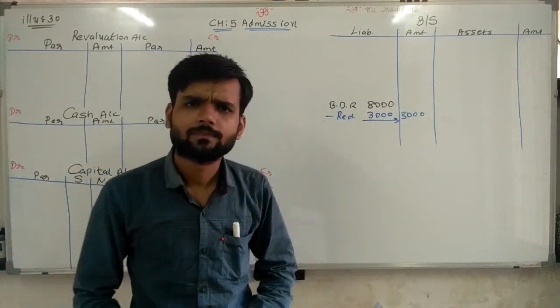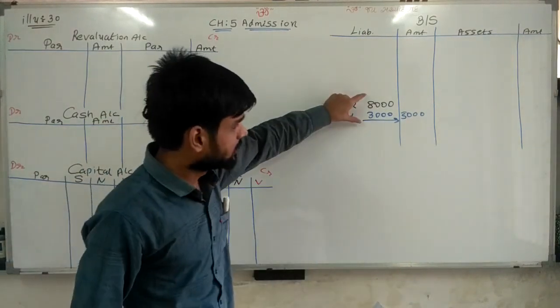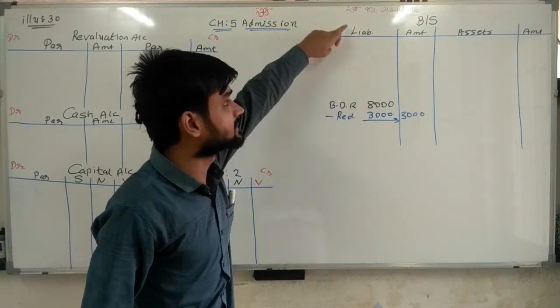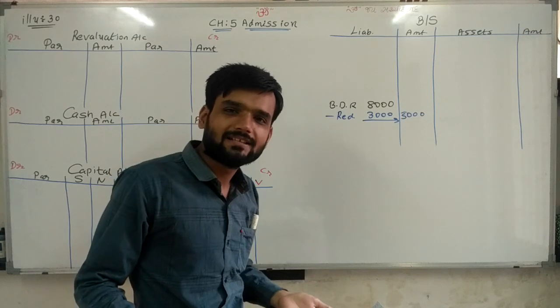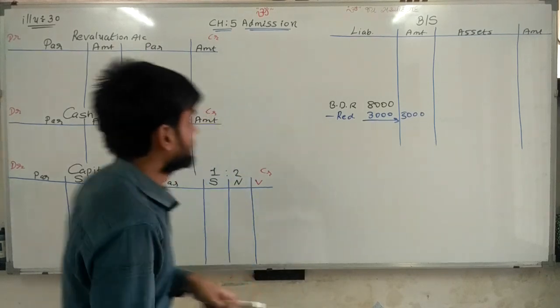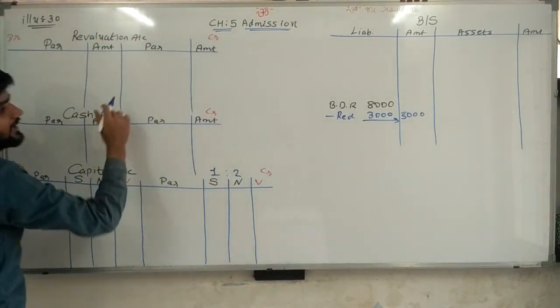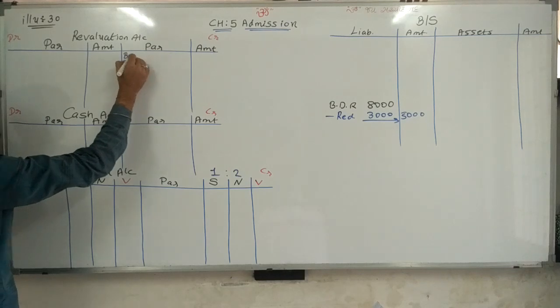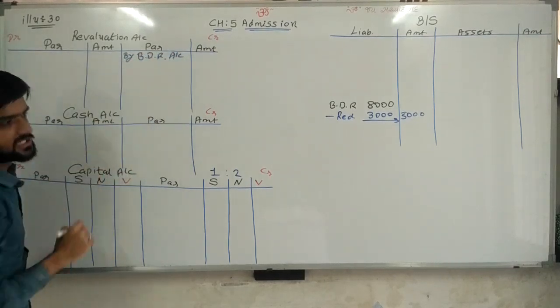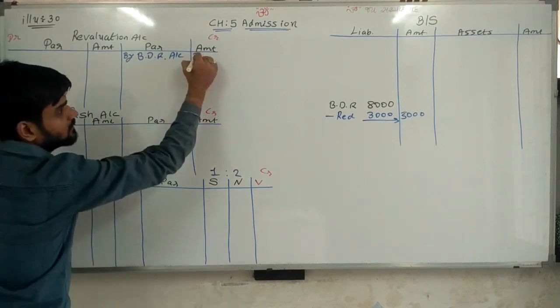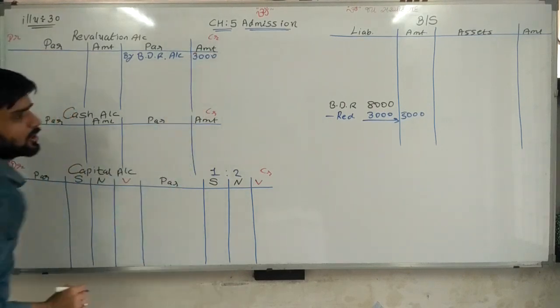Simple one. Now this 3,000 is a liability. Liability decrease means happy. Simple. So happy means revaluation account credited by bad debt reserve account 3,000 rupees.